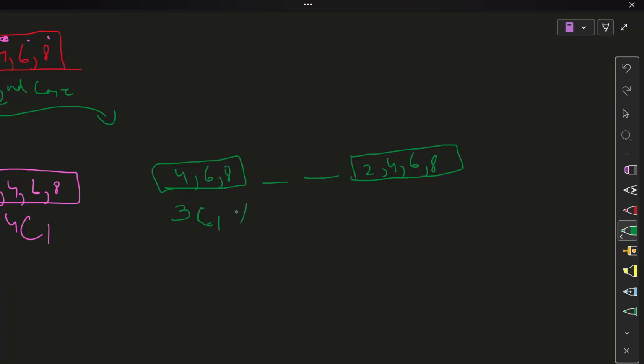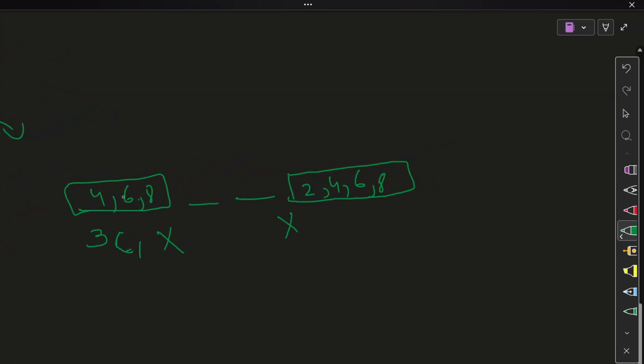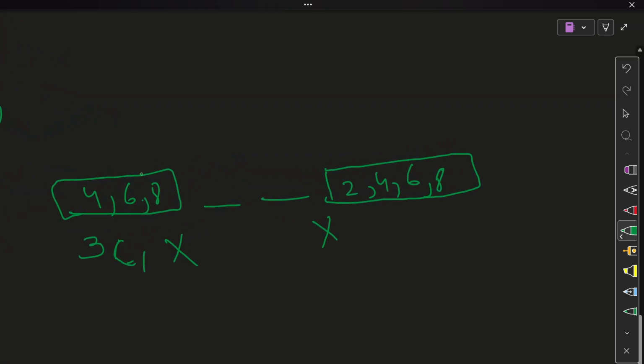So 3C1. Now when I go to the second box, I've set a limitation that the first position will always have one of the disputed, one of these three digits, right? So if one of these will already be there, then out of these four, I won't have four options to select from.